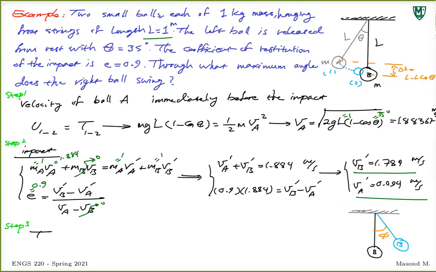So same story. T from 1 to 2 is U from 1 to 2. The initial velocity we know, the final velocity we don't know. So it's going to be 1 over 2 m VB prime squared, MB VB prime squared.